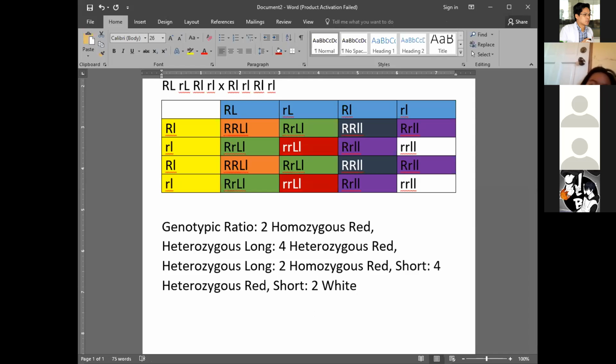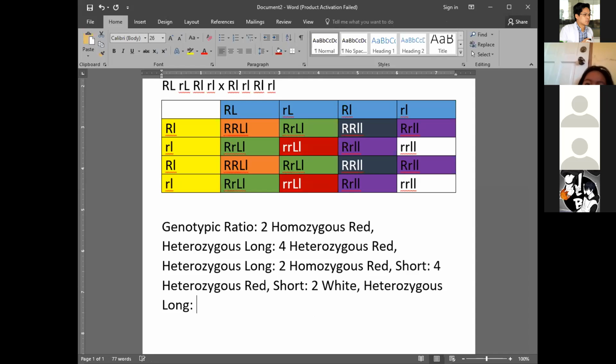Two white eyes. Remember again, there is no homozygous or heterozygous in recessive allele. While there is a recessive allele, therefore it's white eyes with heterozygous long. Correct? Yes, sir.